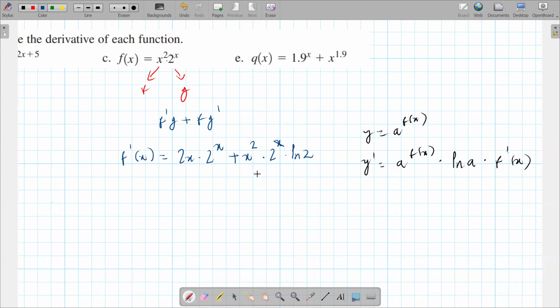The chain rule component doesn't apply because you only have an x here. The derivative of x, if you really want, you can put a 1 here, but that's pointless. Only do that if there is another function up top, except x. That's the only exception. If there's an x, you don't have to do anything.